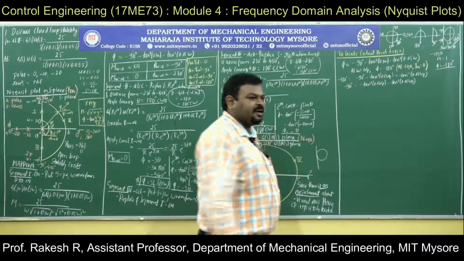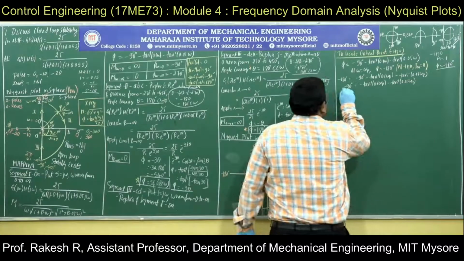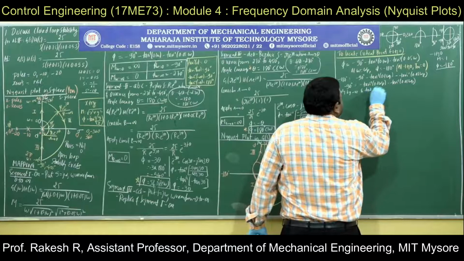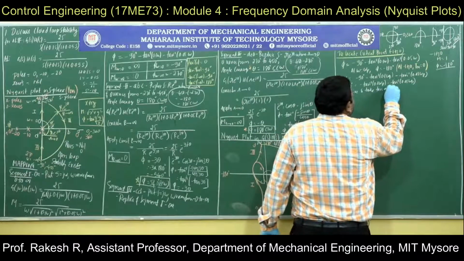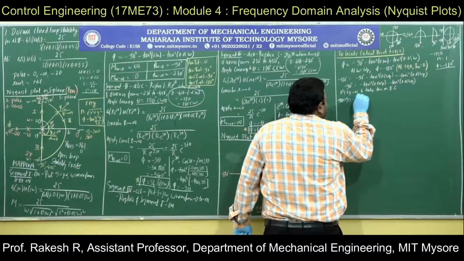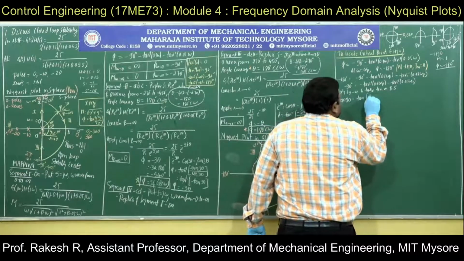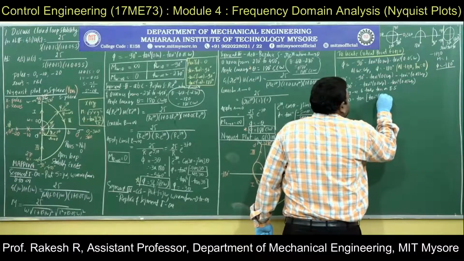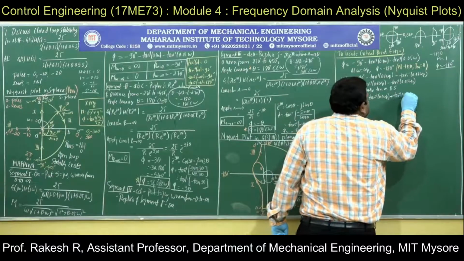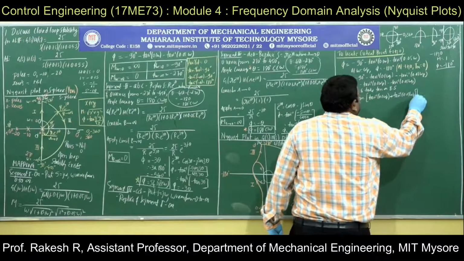Multiply by negative and take tan on both sides. So tan 90 will be equal to tan of the sum of tan inverse of 0.1 omega p plus tan inverse of 0.05 omega p.